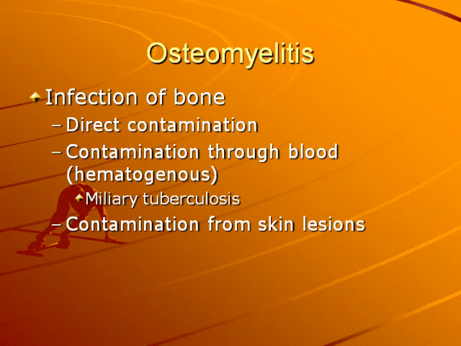Osteomyelitis is when you have an actual infection of the bone, usually through a direct contamination, like with a fracture, or if they've had to have surgery in open reduction of a fracture.